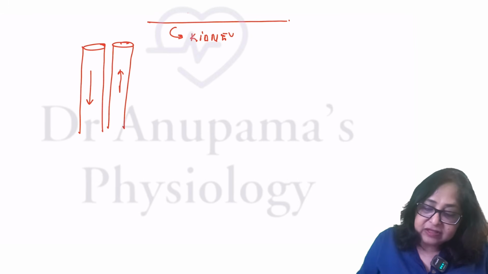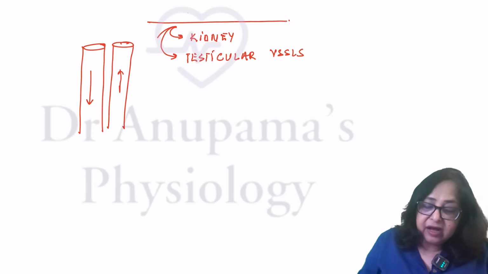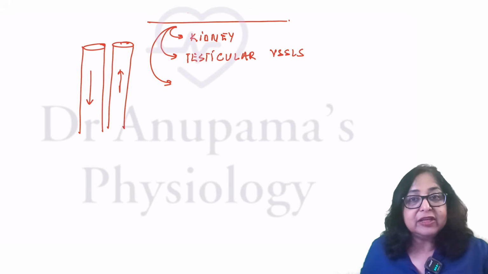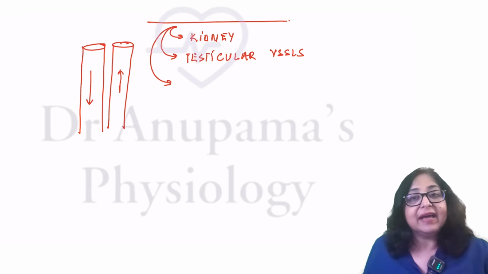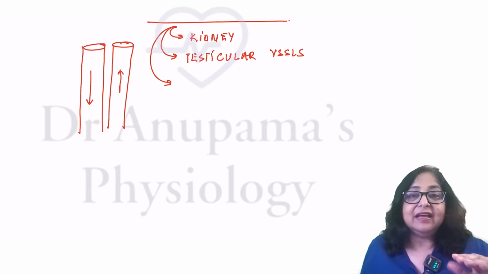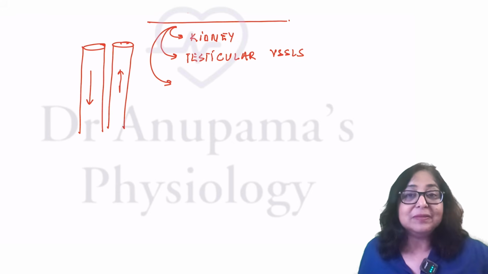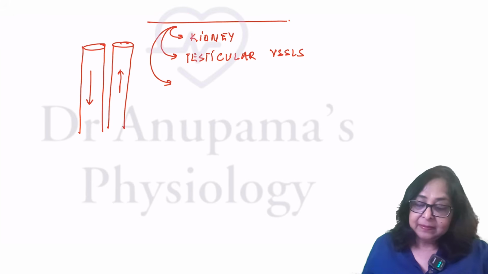There are other sites of countercurrent, for example, the testicular vessels. The testicular artery and the testicular vein are countercurrent with each other, and the countercurrent mechanism in the testicular vessels helps to maintain the testicular temperature lower than the body temperature. And you know that is very important for spermatogenesis.